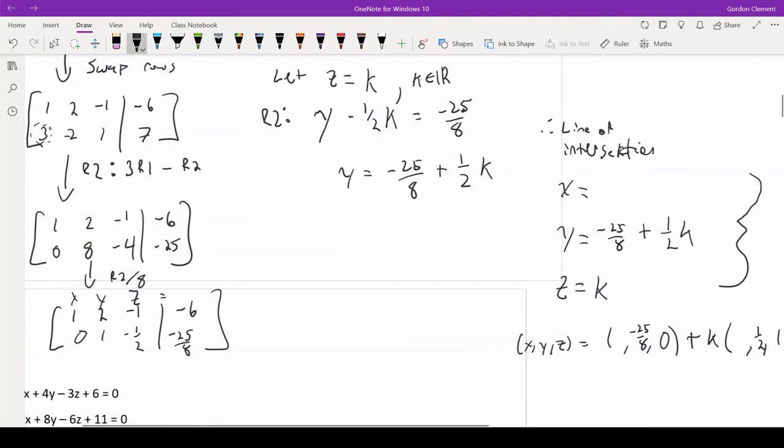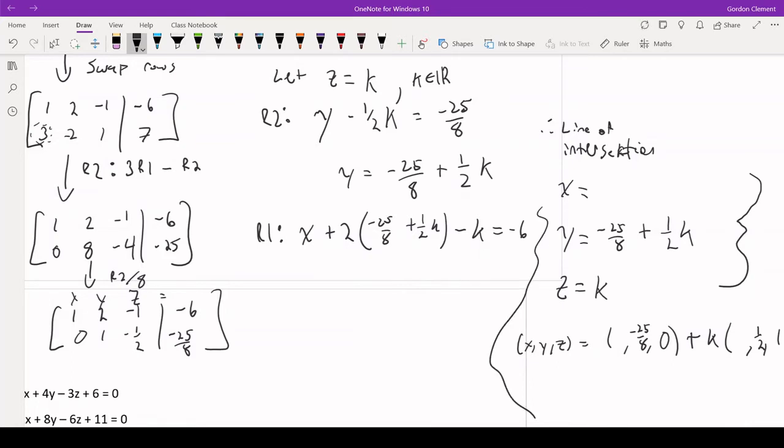And once you have row 2, row 1 looks like 1x plus 2y's. Oh, we know what y is. It's minus 25 over 8 plus a half k minus a z, which we said is just k, equals negative 6. So the only thing left is x's and k's. Just keep it separate.